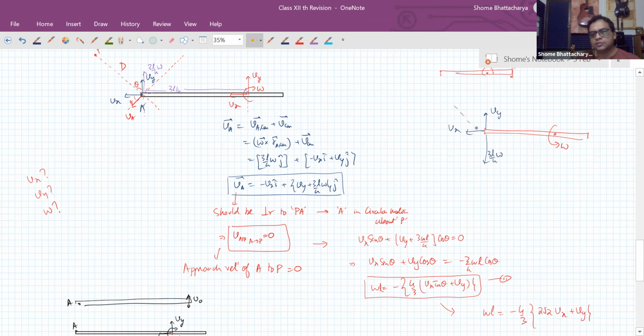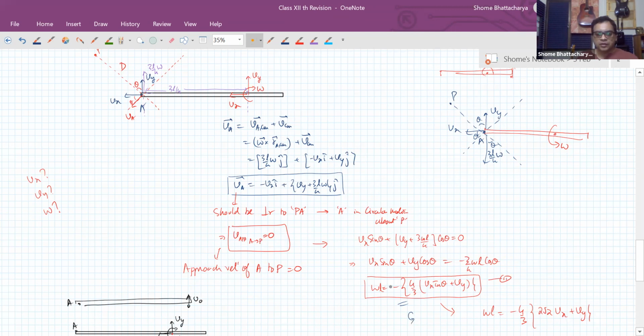So that's how the net component of A's velocity towards this point P will become 0, because Vx का ये component plus Vy का ये component, 3L by 4 omega के इस component को cancel कर देगा. So that's why here omega is coming out to be a negative quantity.